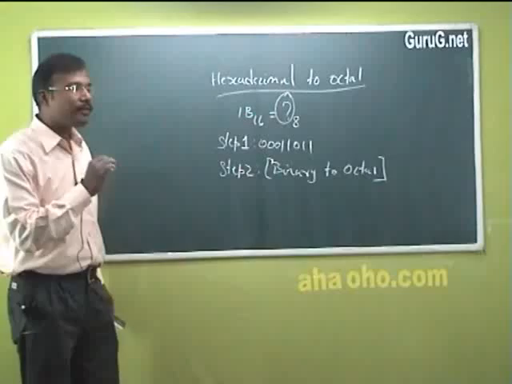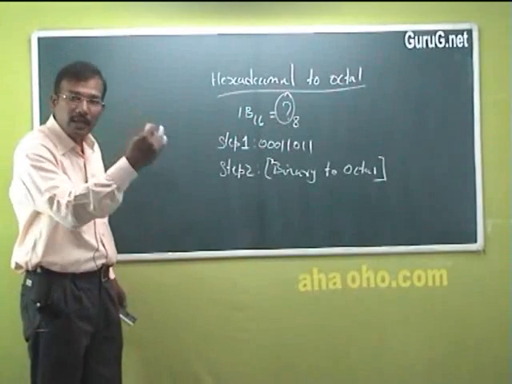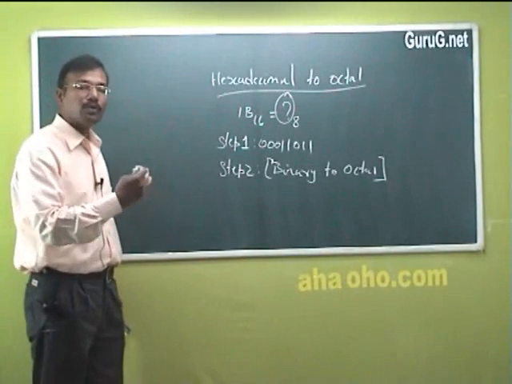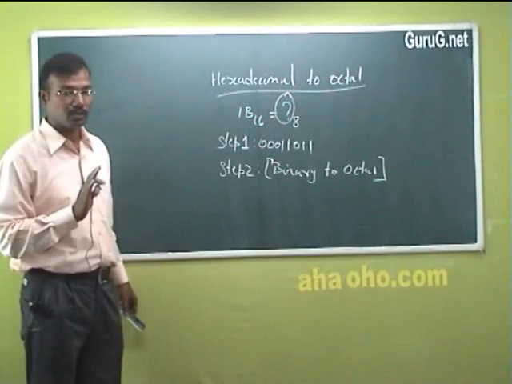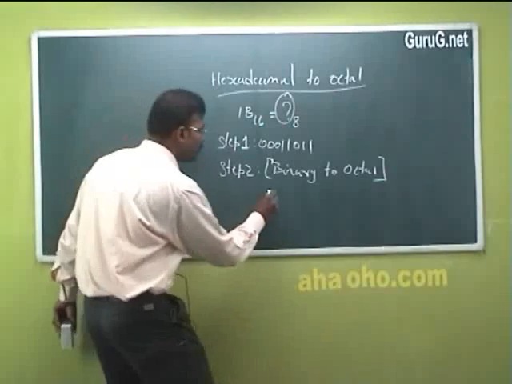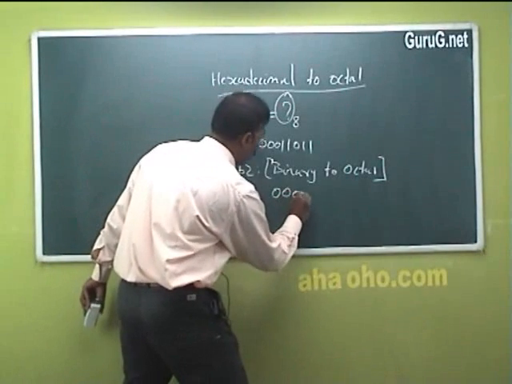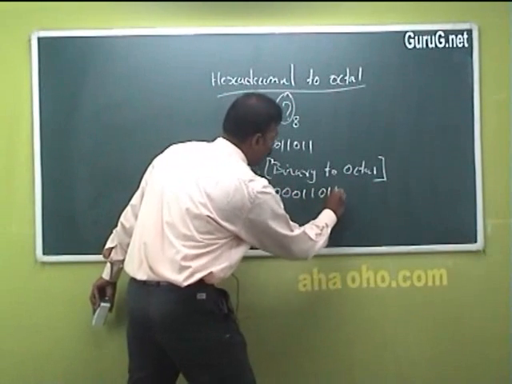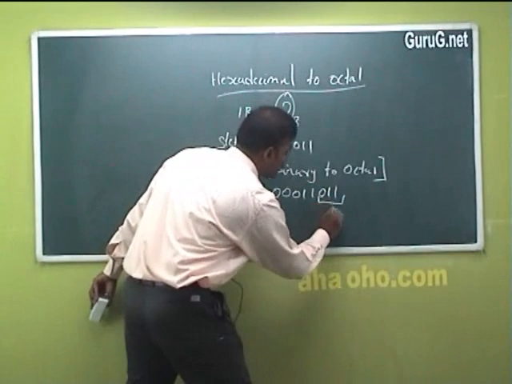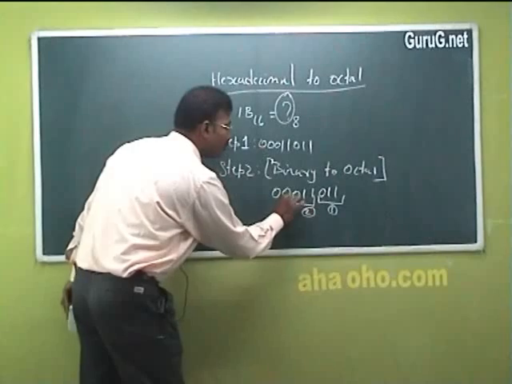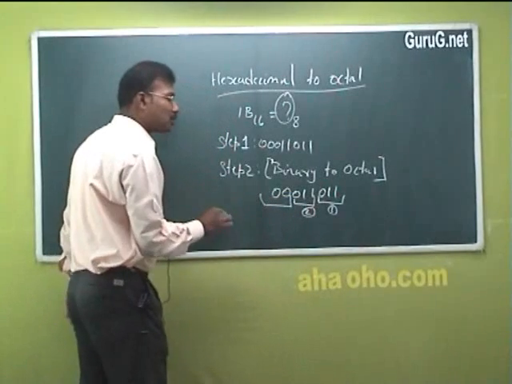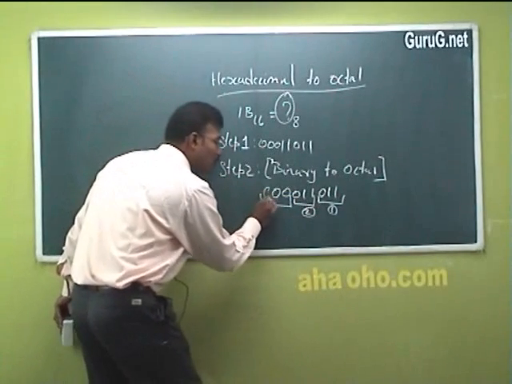To convert a binary value to octal, from the LSB you need to group the bits such that each group contains 3 bits. So it will be like this: 0001 1011. The first group is this, the second group is this. The third group contains only 2 bits, so you add one more 0.